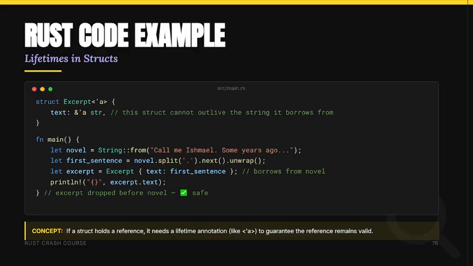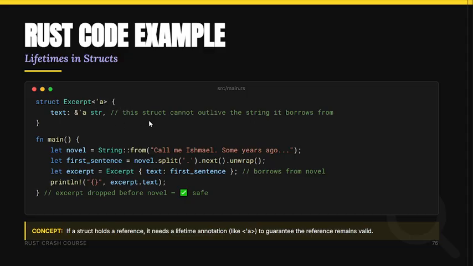Lifetimes can also be used in structs. So here's an example. If a struct holds a reference, it needs a lifetime annotation to guarantee the reference remains valid as long as the struct exists. Looking here, it says the struct cannot outlive the string it borrows.